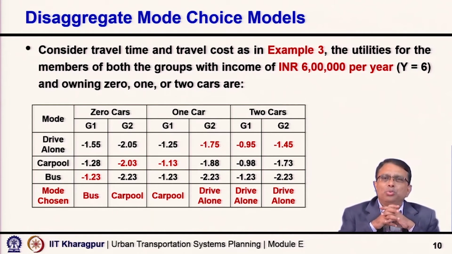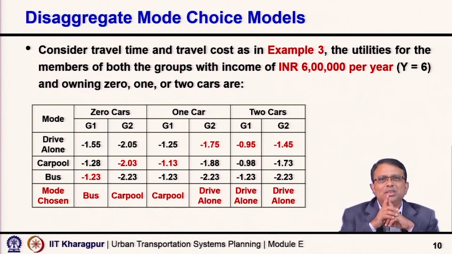Similarly, for one car, group 1 would use carpool, group 2 will use drive alone. What we predicted was just one choice for everybody, because we did not distinguish between group 1 and group 2.